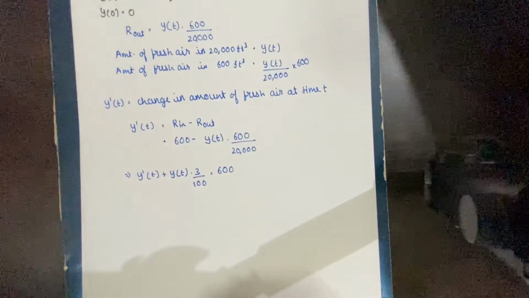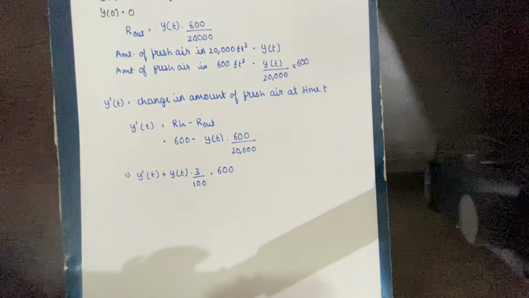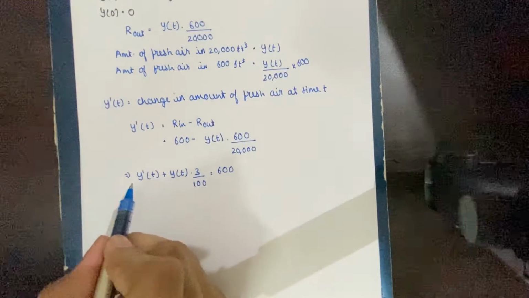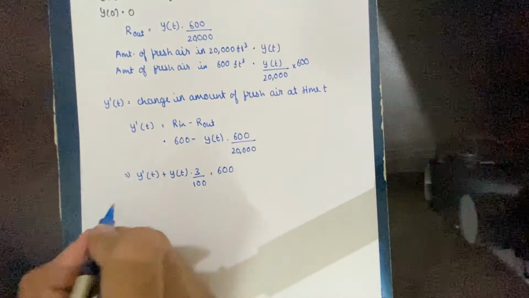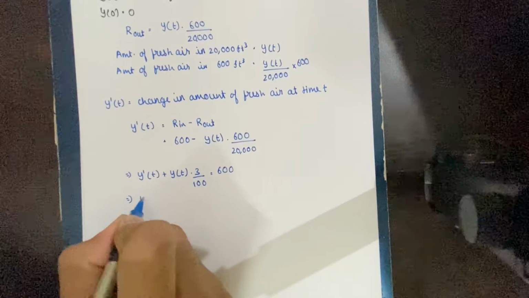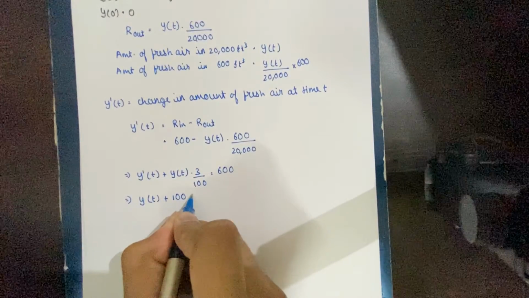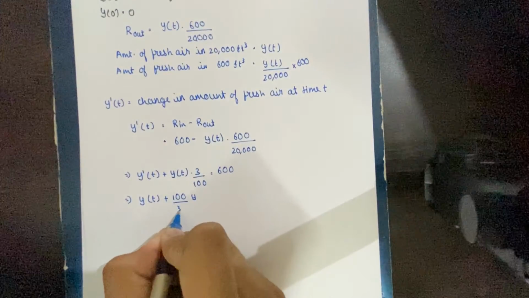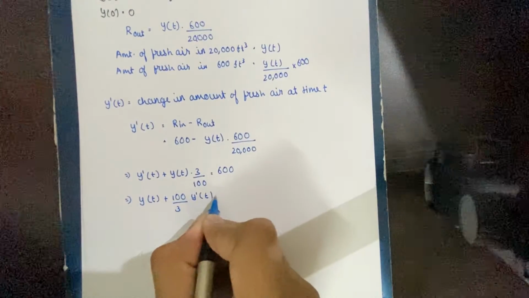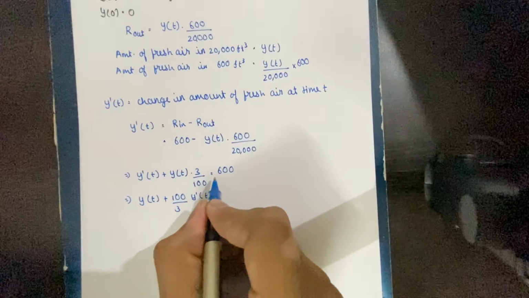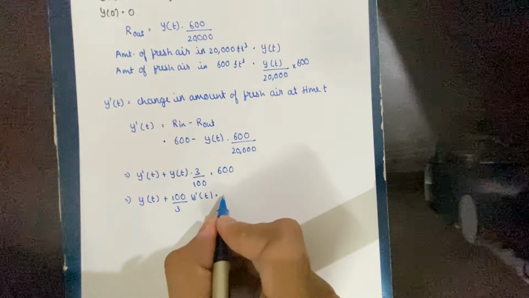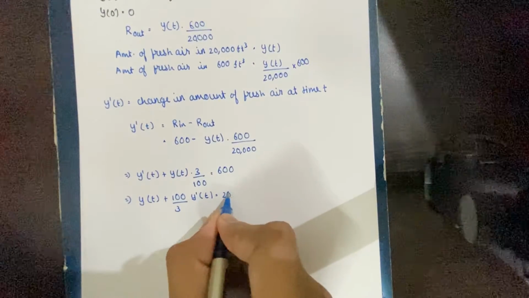To convert this into a linear differential equation, all we need to do is multiply the entire equation by 100 by 3. That gives us y of t plus 100 by 3 y dash of t. So 100 by 3 times 600 is 60,000 by 3, that is 20,000.